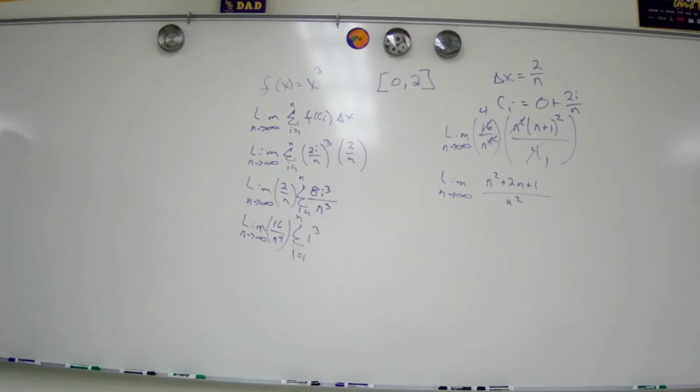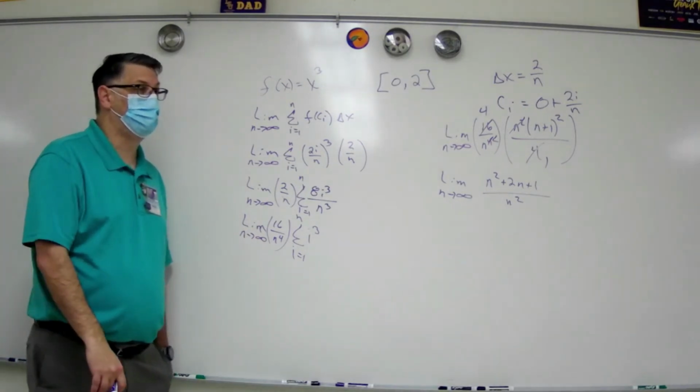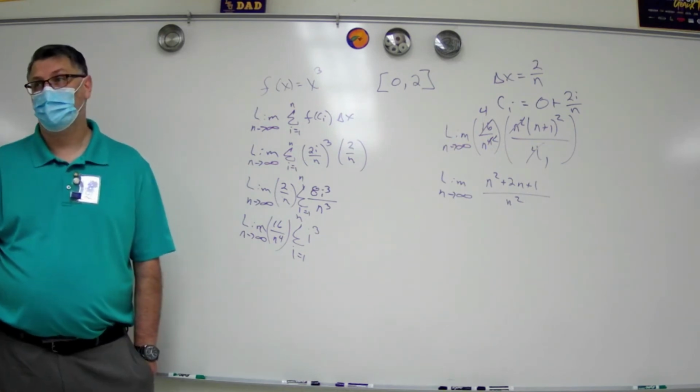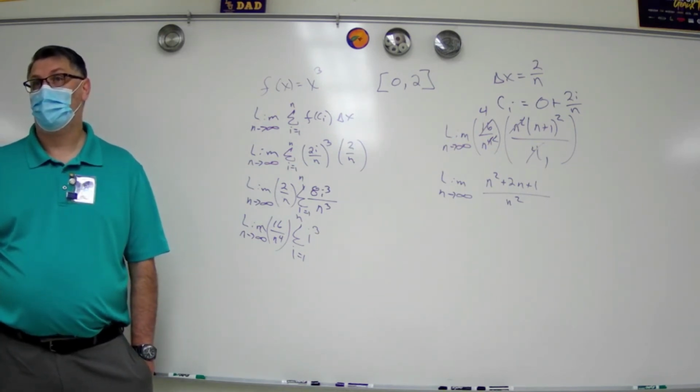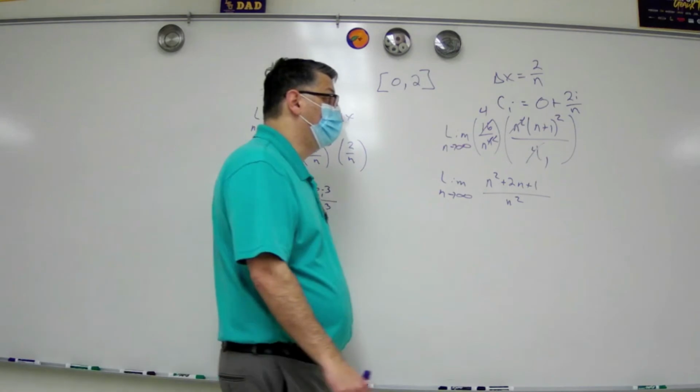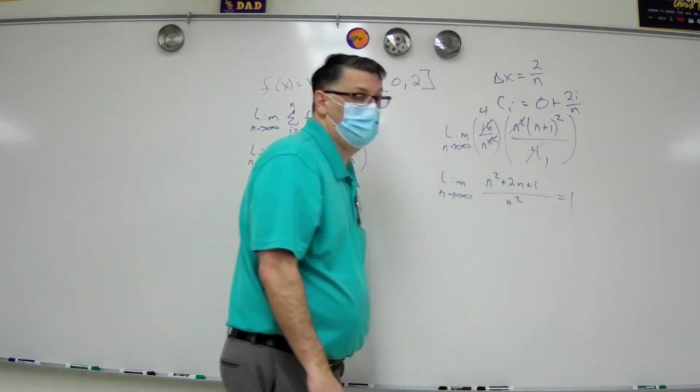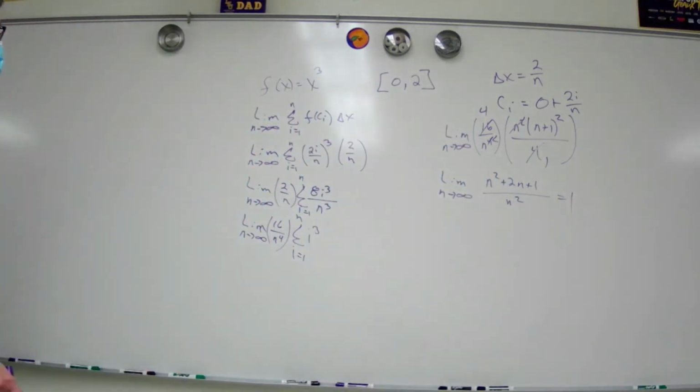Y'all agree? So what is the limit as n approaches infinity of that rational function? It's what? Yep, it's just your horizontal asymptote.